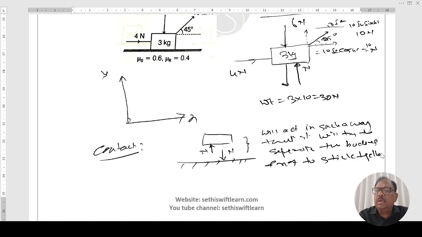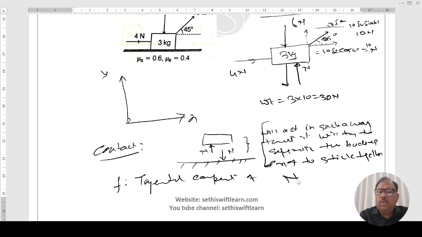I am repeating again and again so that this concept may be clear. And what is friction force? Friction force is the tangential component of the net contact force.